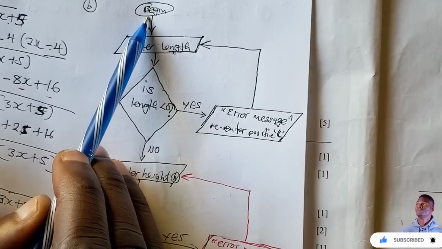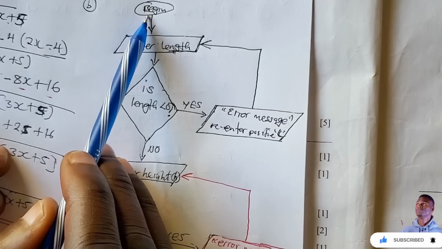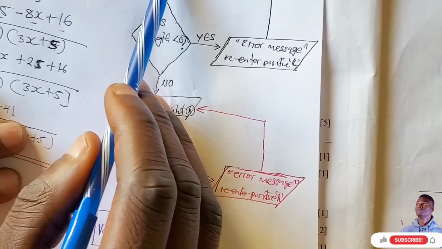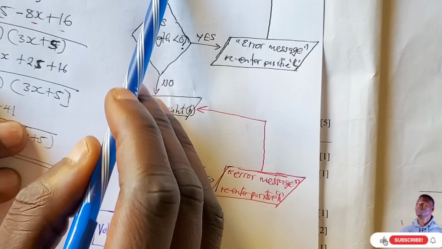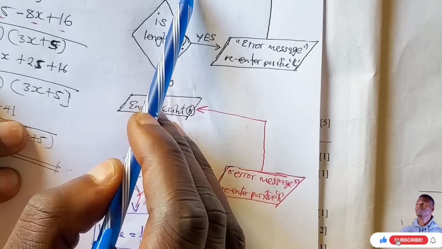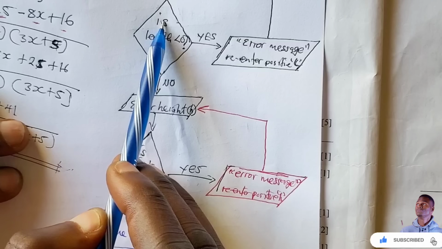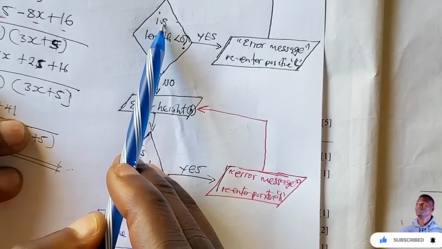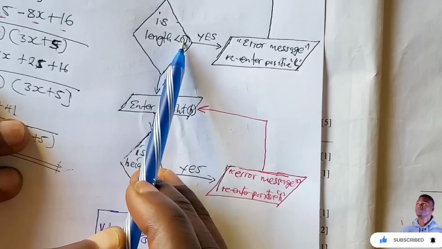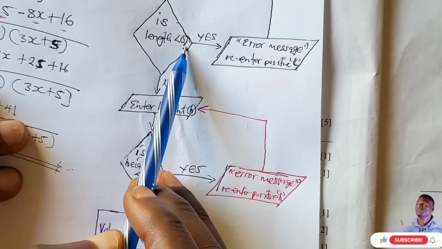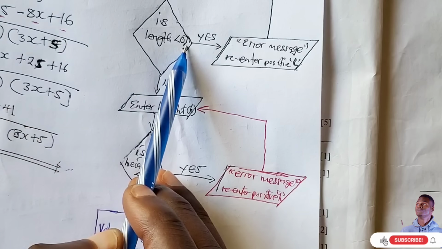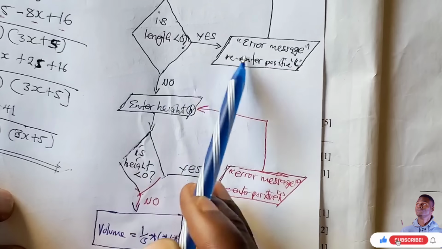This will be begin, the way it is. Then you move a little bit inside, you indent, and write enter length. Then this changes to if. Are we together? Yes. So I'm going to say if length is less than 0, don't add the question mark. Then you have two options, right?